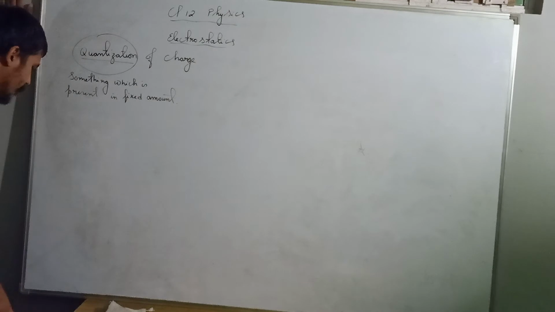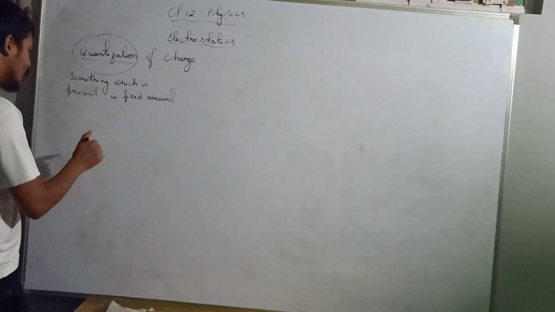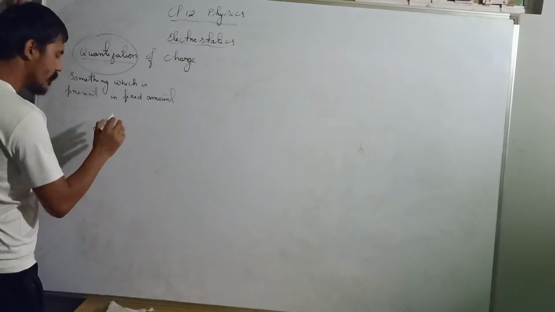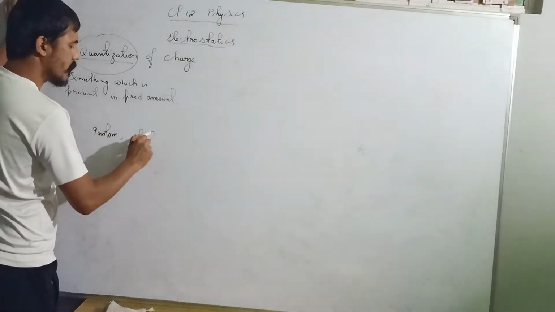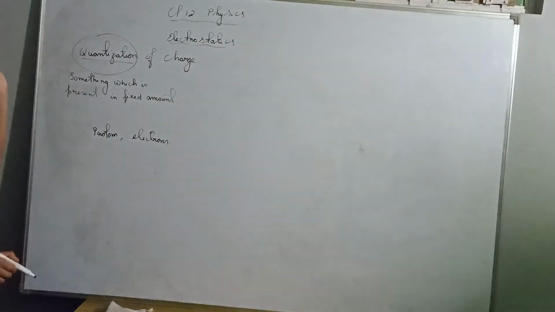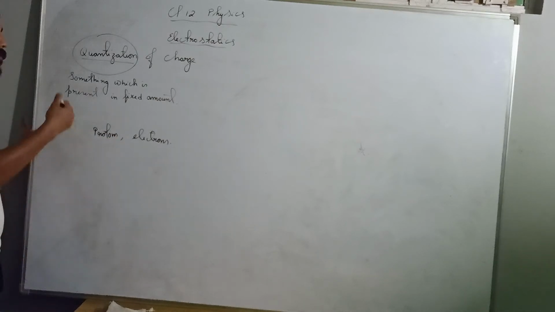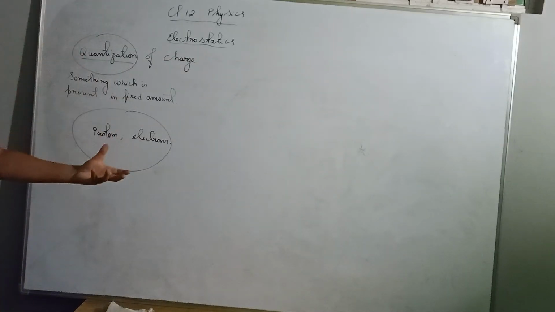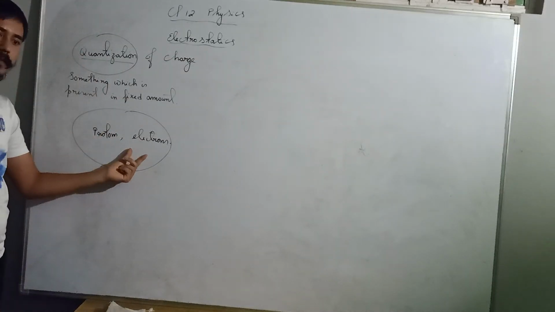See, there are smaller particles. We consider protons and electrons, let me take the example of electrons as well, to be the smallest particles of matter. We think that, okay, but there are particles smaller than protons and electrons.